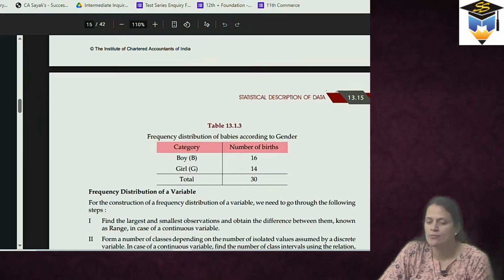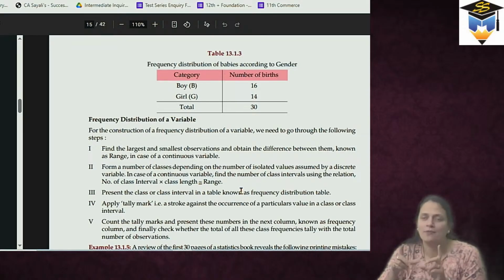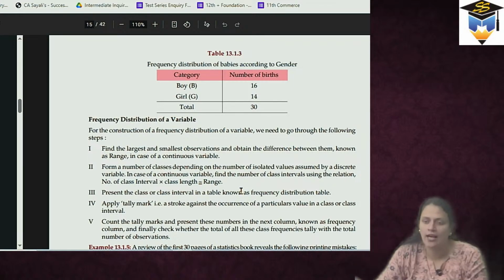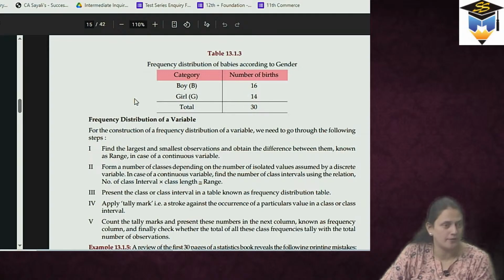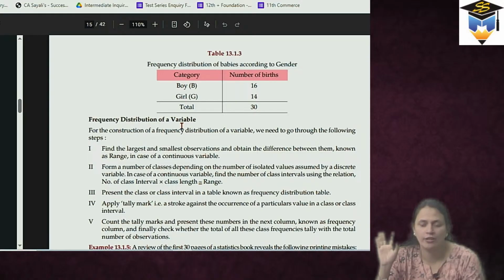Now for the construction of a frequency distribution of a variable, we have to follow the following steps. Now for whom was this? Just for a discrete variable. If it is a discrete random variable, then you will draw this particular table. Okay. So now here they have told us, if you have to find the frequency distribution of a variable, you need to construct a frequency distribution.